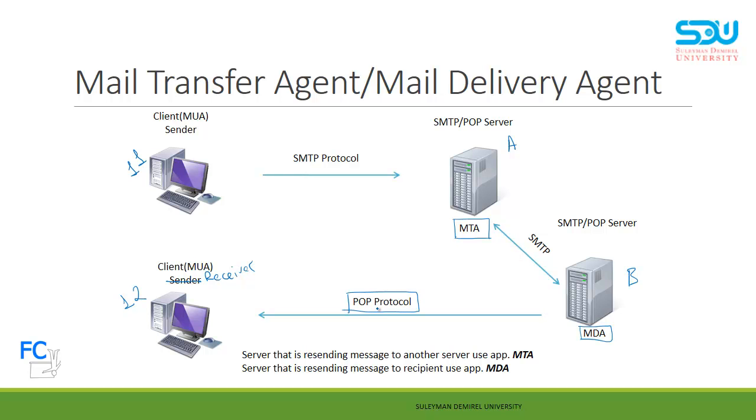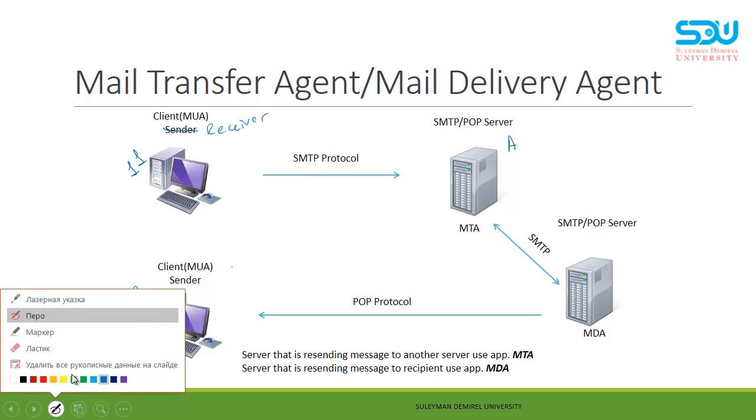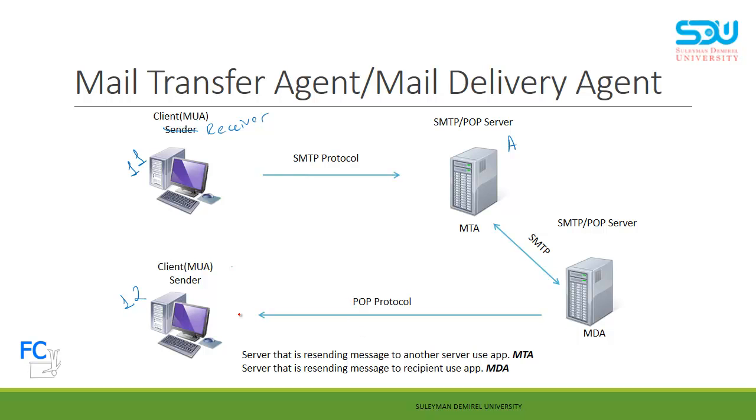In case of vice versa communication, from client 12 to client 11, you will have some changes in your topology, so that client 12 will be the sender and client 11 will be the receiver, and the protocols will be changed. The role will be changed, and the protocol will be called SMTP.